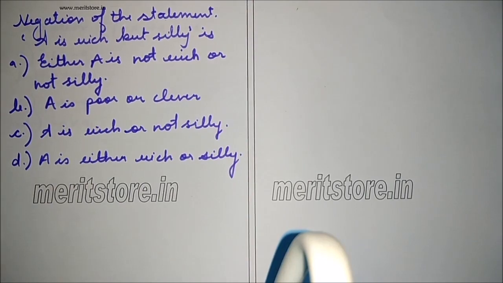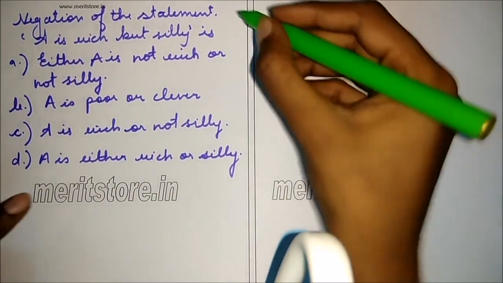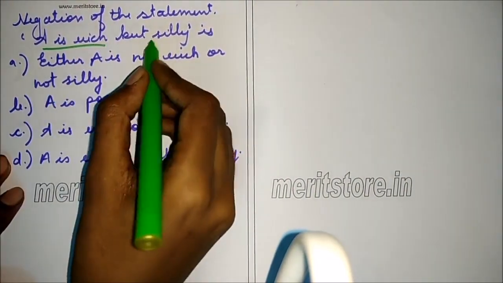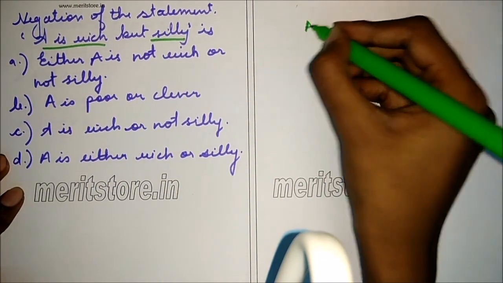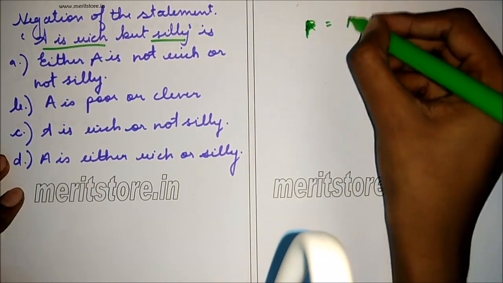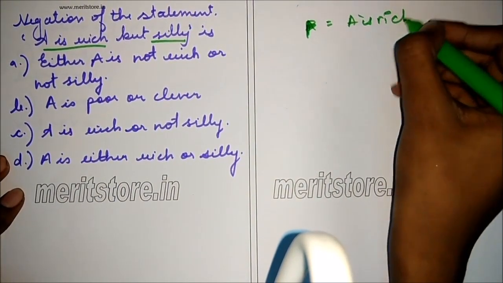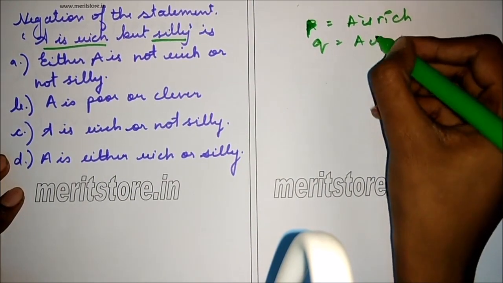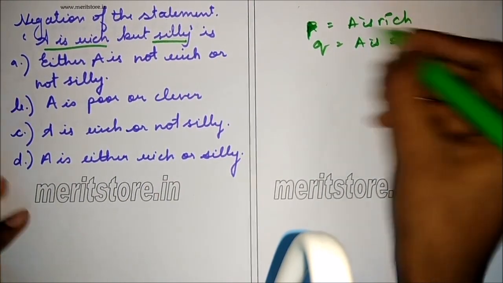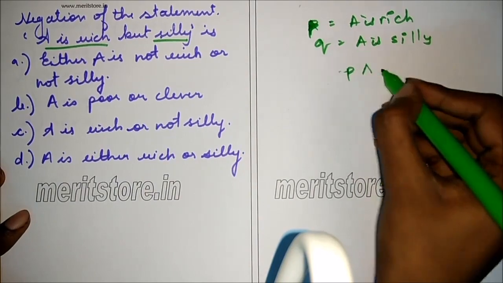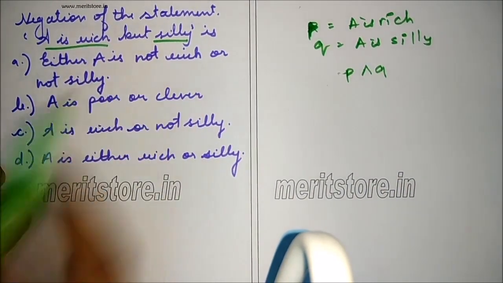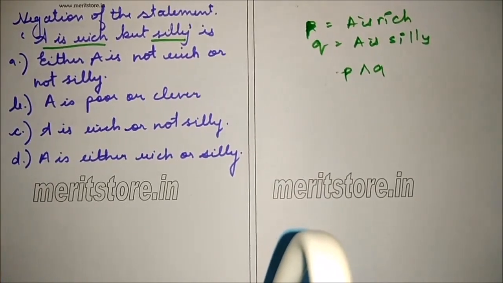Negation of the statement A is rich but silly is. So we'll break this down into two statements. So let P be A is rich and Q be A is silly. So the statement says P and Q, which is A is rich but silly, but is an alternative for and.